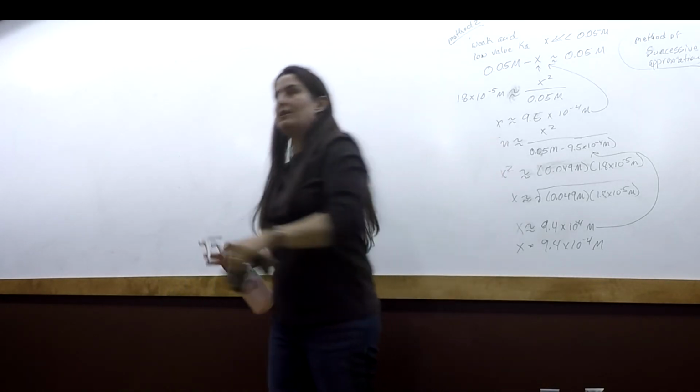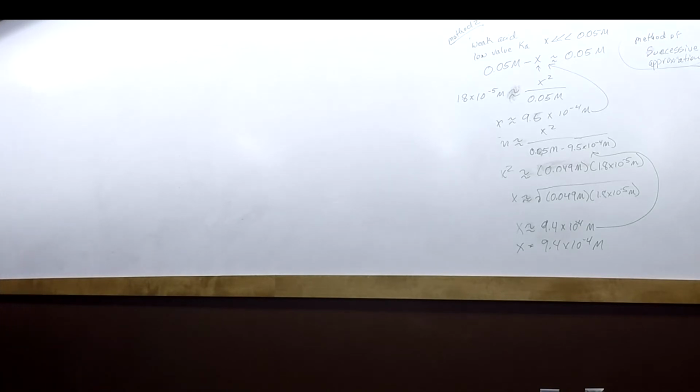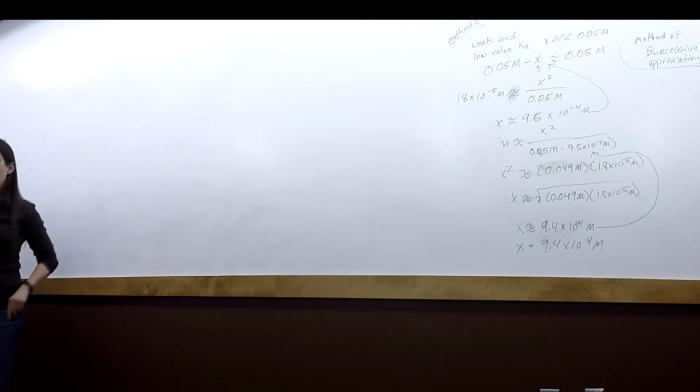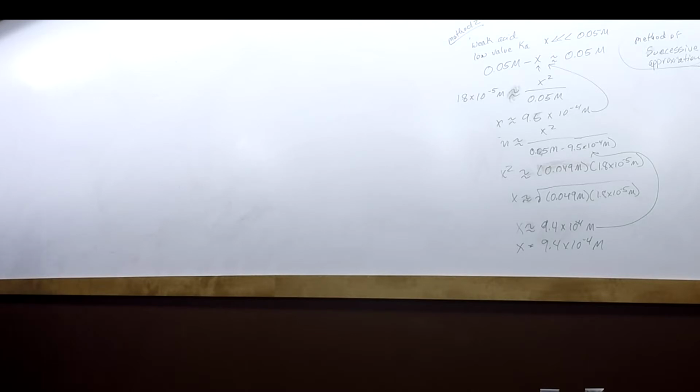So next week on the test, if there's a couple of them where you need to use the quadratic equation, instead of figuring that whole beast out, you can just try to use that, especially for using weak acid calculations. Okay, so keep those approximations in mind.